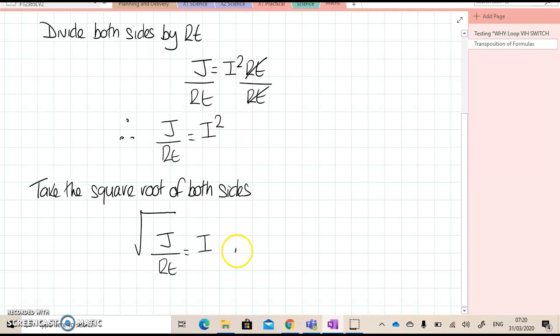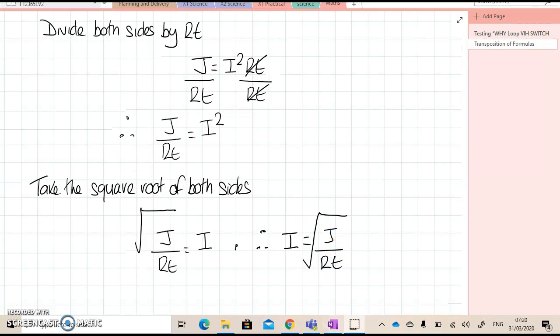So that leaves, flip that formula around, so therefore I is J over RT square rooted. And it's important to remember that all of that quotient there is actually square rooted. It's not just the top, so it's all of the side that is square rooted, just for clarity.